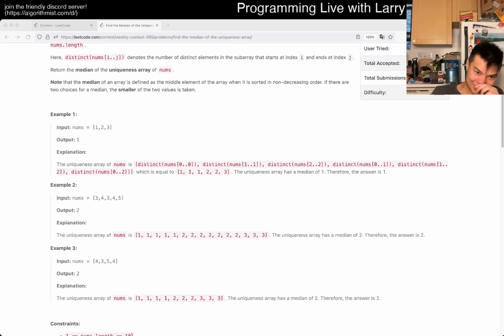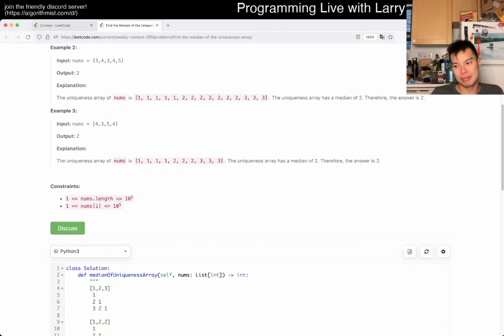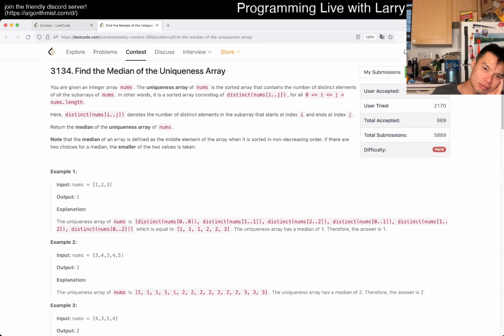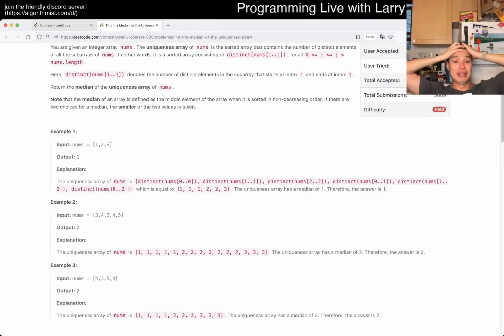This started off so well, but what other ideas do I have?